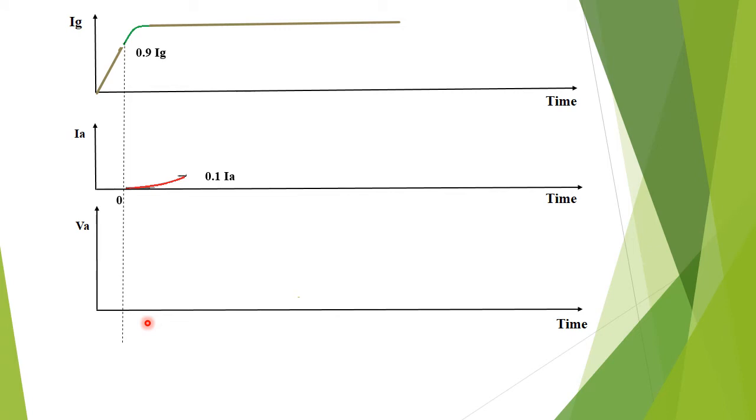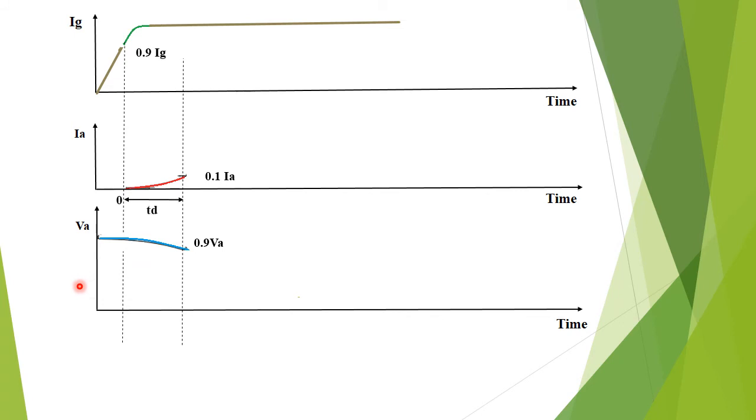At the same time, the voltage will fall from VA to 0.9 VA. Once the gate current attains its final value IG, the current further starts increasing. The period during which the current rises from 0 to 10% and the voltage falls from VA to 0.9 VA is defined as the delay time.